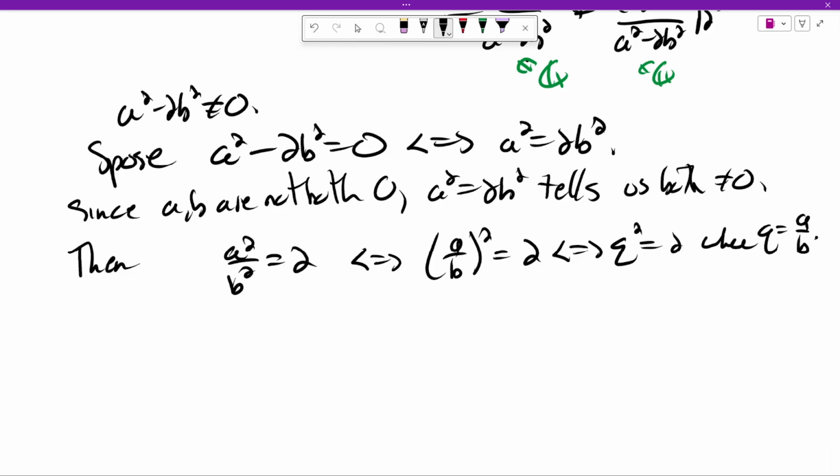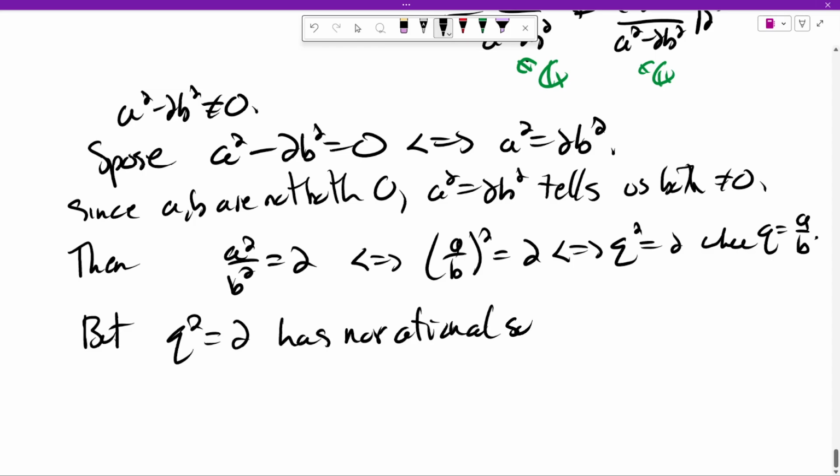Great. But one of the first things you learn when you're learning how to prove by contradiction is that q squared is 2 has no rational solutions. q is plus or minus root 2, which is not a rational number. It's very much not a rational number.